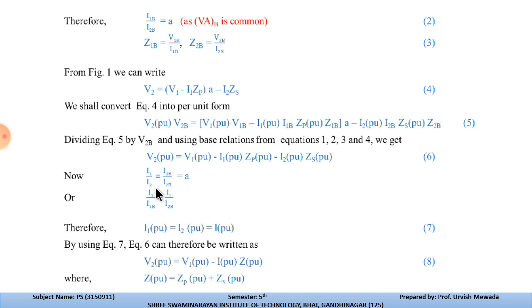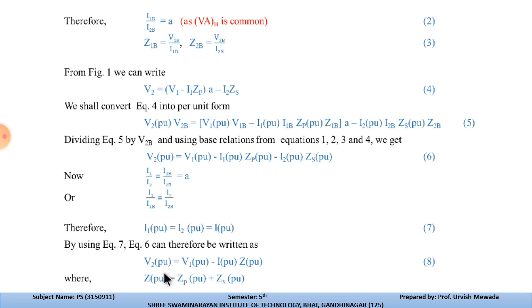From this we have I1 base to I2 base is equal to A, or I2 base to I1 base; we can write it both ways. Therefore I1 per unit is equal to I2 per unit, which is 1 pu.